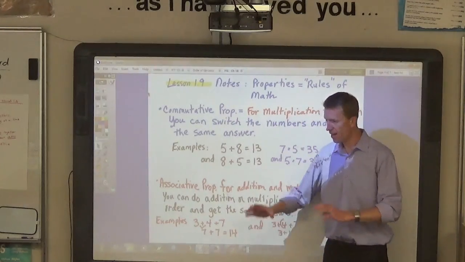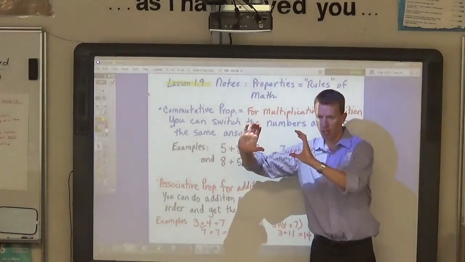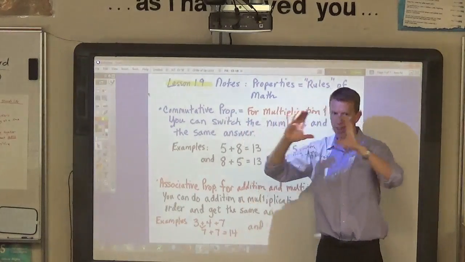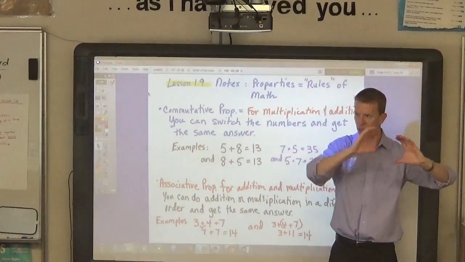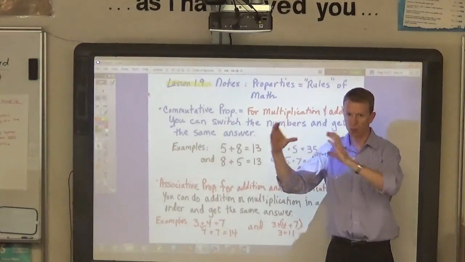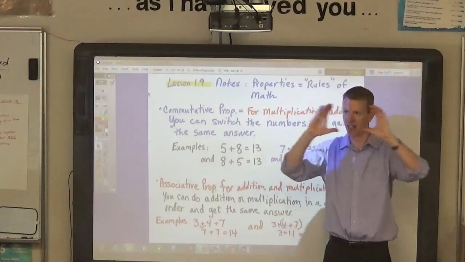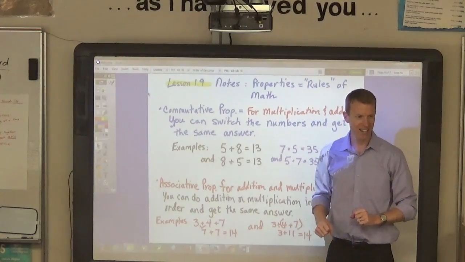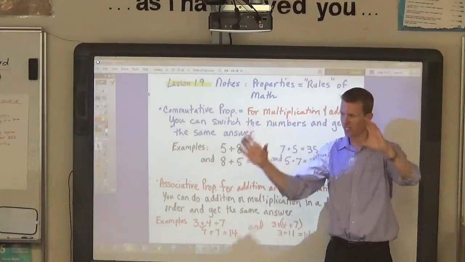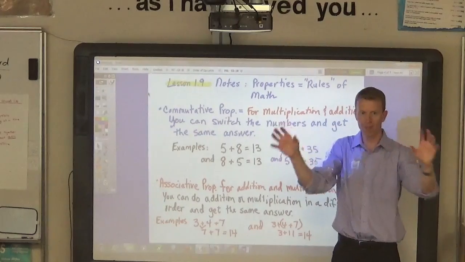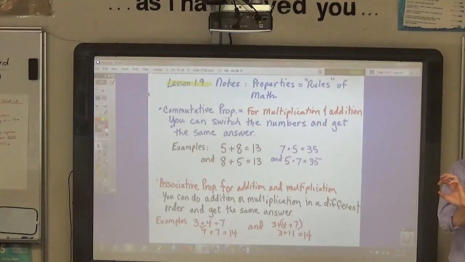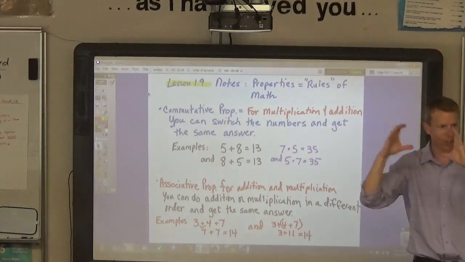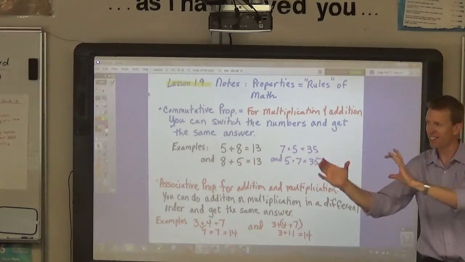Okay? And instead of 3 plus 4 and then 7, we could do 7 plus 4 and then add 3. We're switching the parentheses. Okay? Switching the parentheses. So this is commutative. Commutative is switch the numbers. Good. And associative is switch the parentheses.